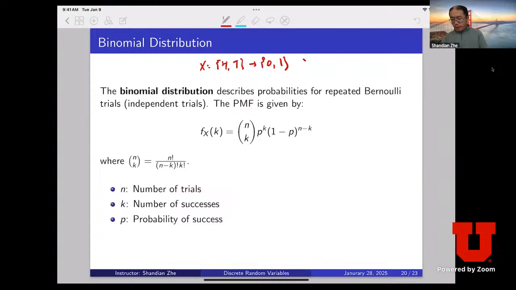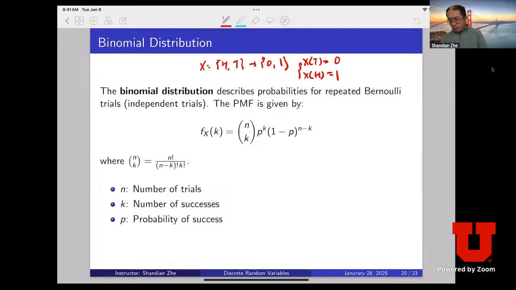So basically we take the random variable at tail as 0 typically, and at head as 1, right? That's the definition of the Bernoulli random variable. And then we also require that the probability mass function for Bernoulli variable is as follows, right?